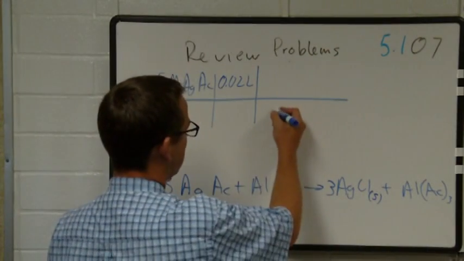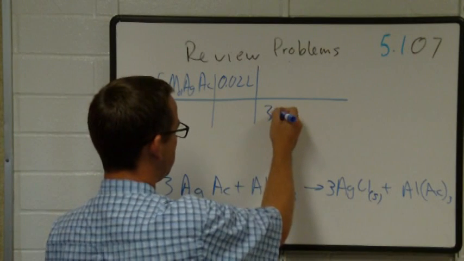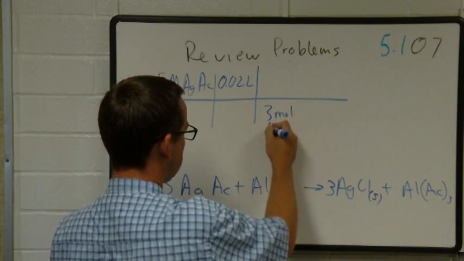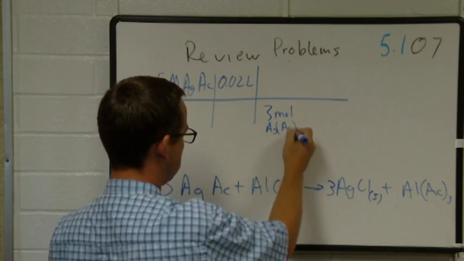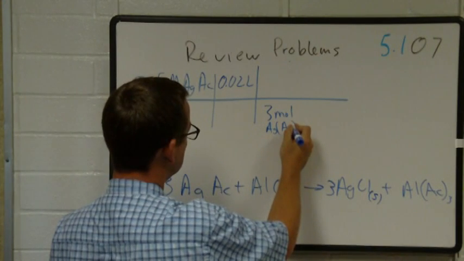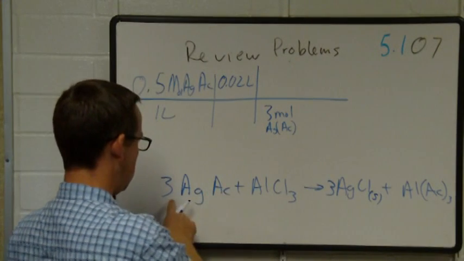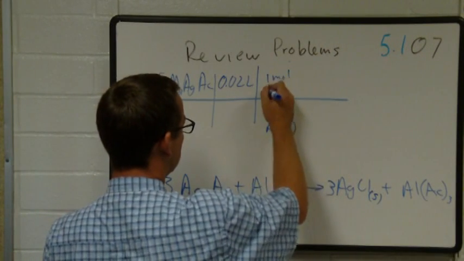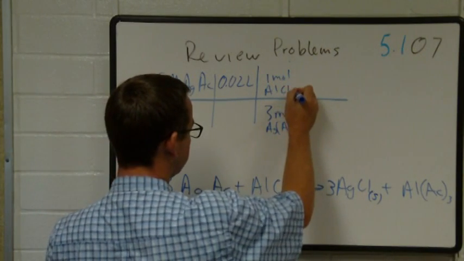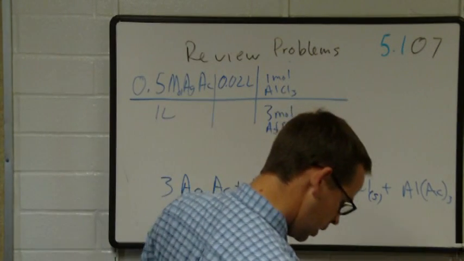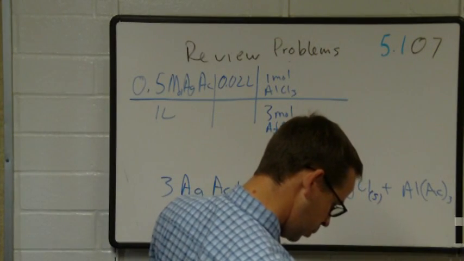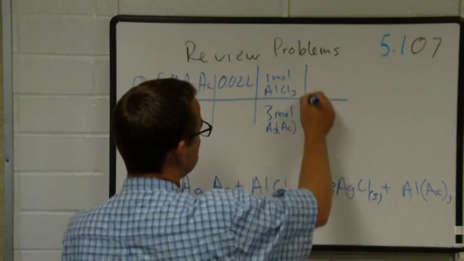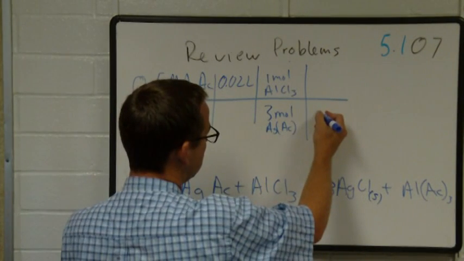Now we're in moles of silver acetate, and for every 3 moles of silver acetate, there's 1 mole of aluminum chloride, right? And we want to know how many milliliters of a 0.25 molar solution.